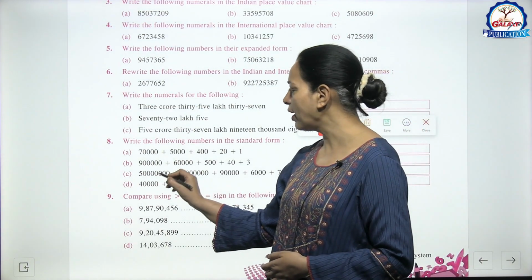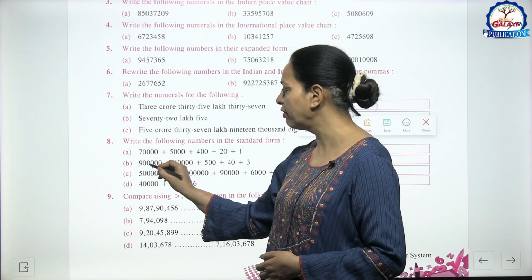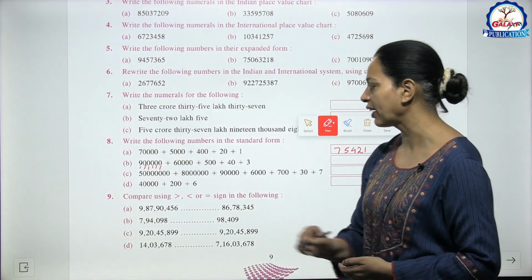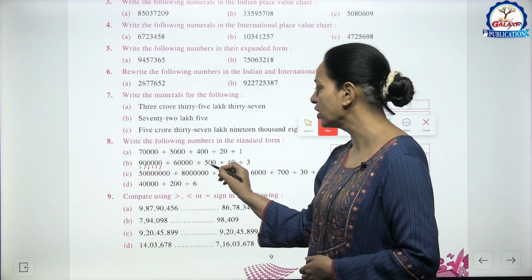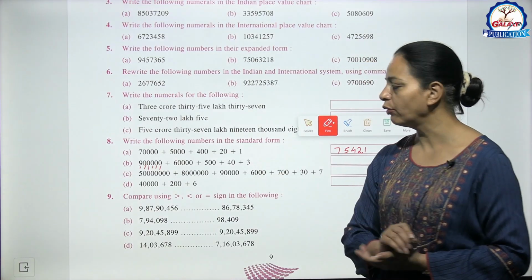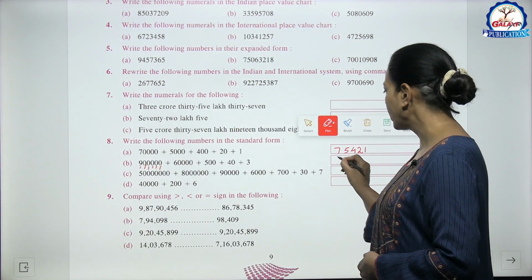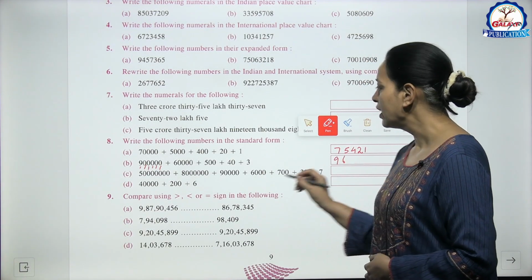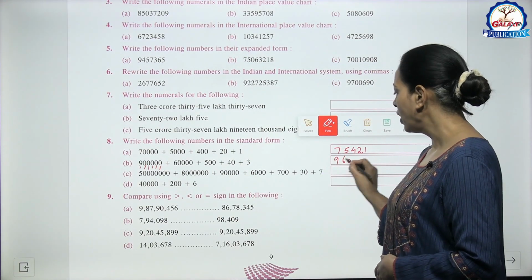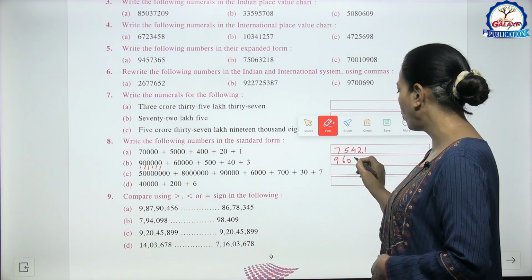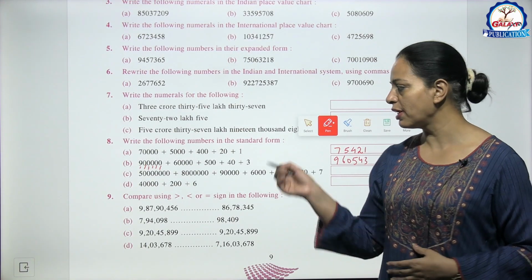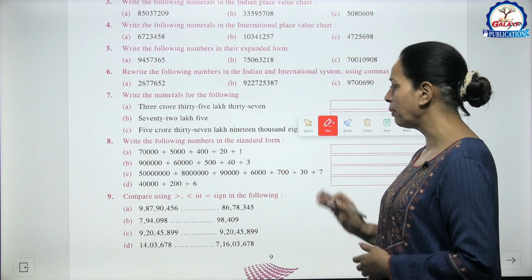Similarly, see B part here: ones, tens, hundreds, thousands, ten thousands, and then 9 lakh. And here 60,000, then 500, then 40, and then 3. So first write 9, then 6. Now thousand digit is missing. It means 0, and then 543, right? I hope this is clear to you. Similarly, we can try the remaining parts.